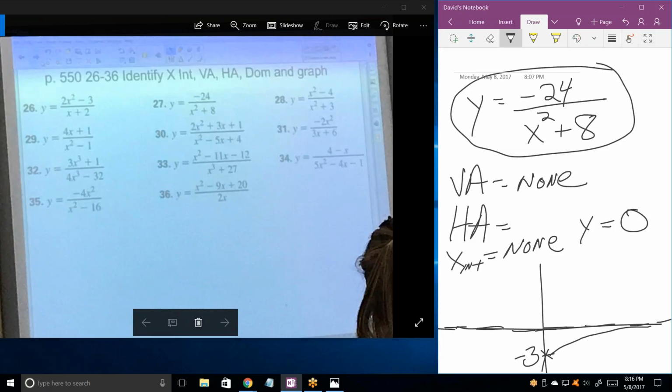Make x 100, and you got minus 24 over 10,000. Make x 1,000,000, and you got minus 24 over 1,000,000 squared plus 8. So as x goes to the right, we approach the horizontal asymptote. And as x goes to the left, it's no different. Make x minus 10, and minus 10 squared is still 100. Still approach 0. So there's our graph.